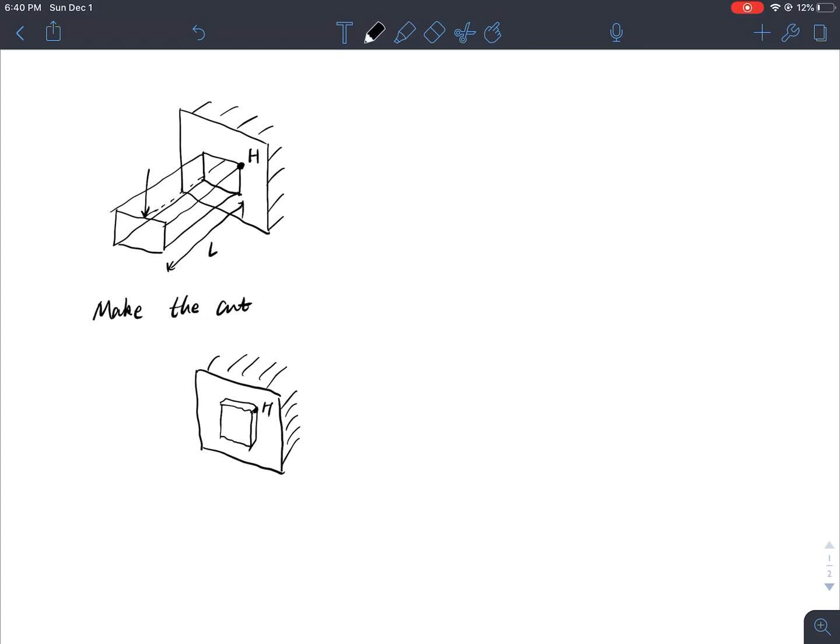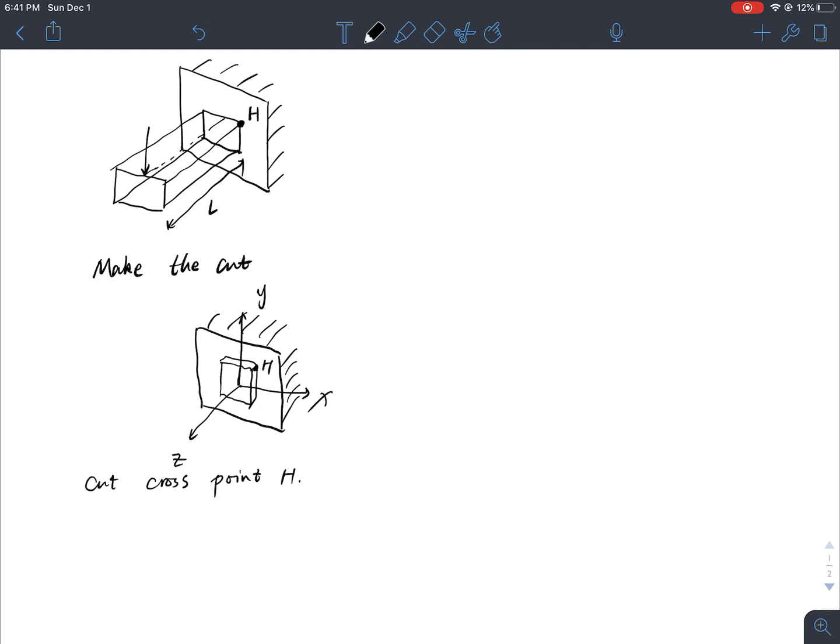First things first, you would like to establish a coordinate system. Say this is the y direction, this is the x direction, and this is the z direction. Of course, this cut has to cross point H.